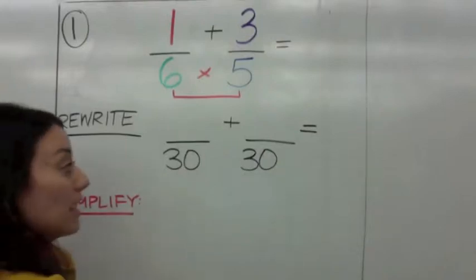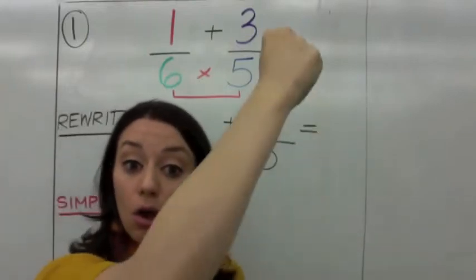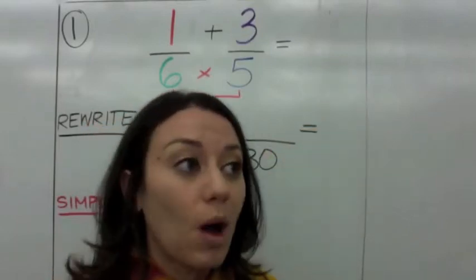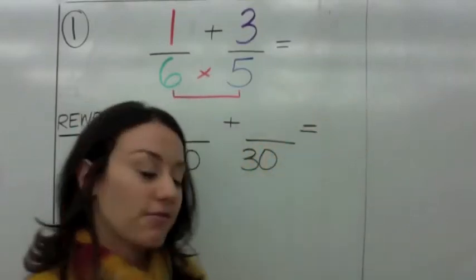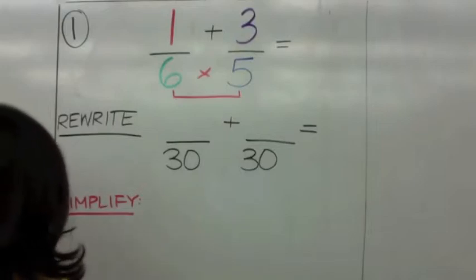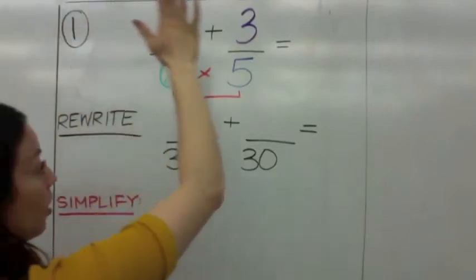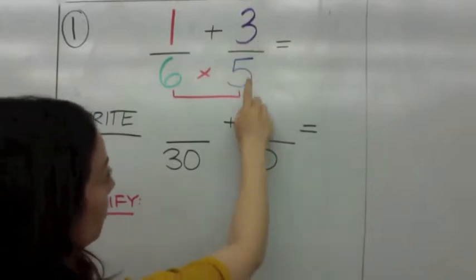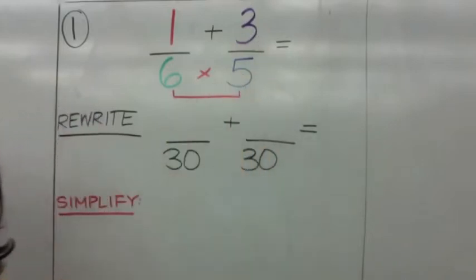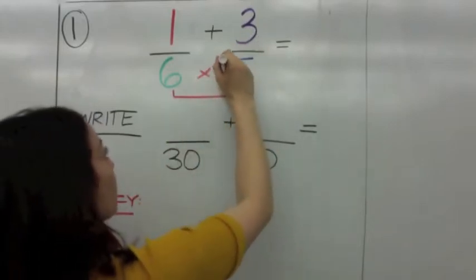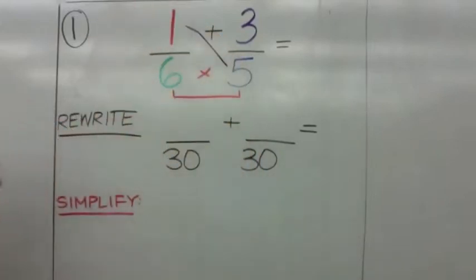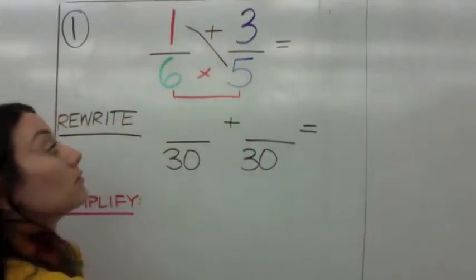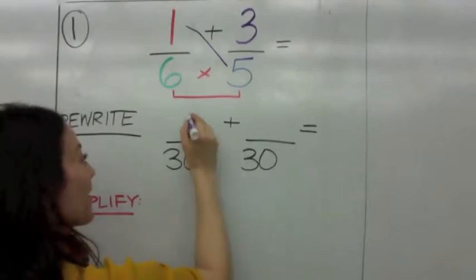Now that the denominators are the same, you can cross multiply. Very nice. So always start with the fraction on the right. That's 3/5. So you're going to look at the bottom number, which is 5, and you're going to do, what is 5 times 1? 5 times 1 is 5, right?